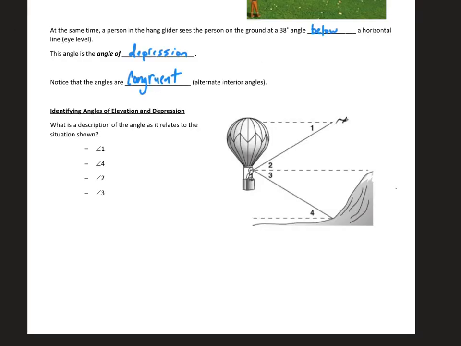So our first example here is: what is the description of the angle as it relates to the situation shown? Angle 1 is an angle of depression, and that's from the goal to the hot air balloon.